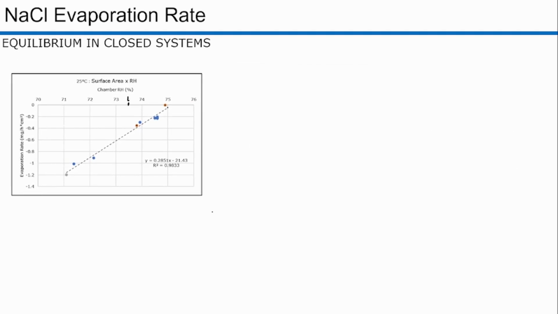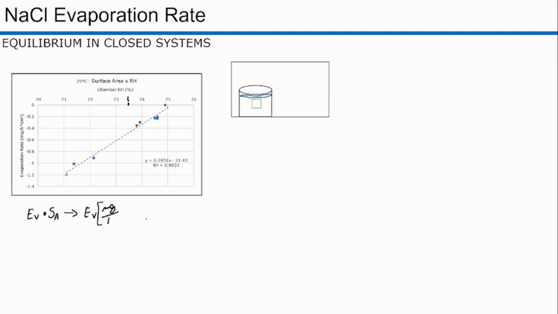Well, this is a closed system. It's important to remember that. So let's say this is your limit from the previous step, and you have a closed system with a vessel. So you multiply your surface area with this evaporation rate, and you get the evaporation rate of water per hour.